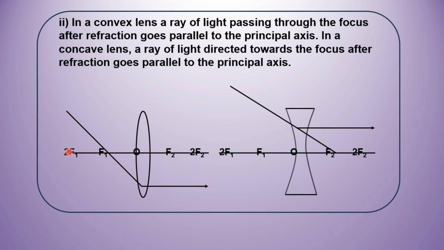But in a concave lens, a ray of light directed towards the focus, after refraction, goes parallel to the principal axis.